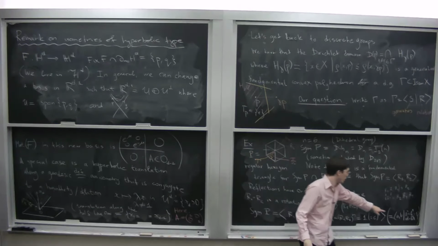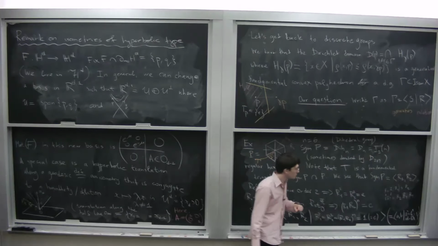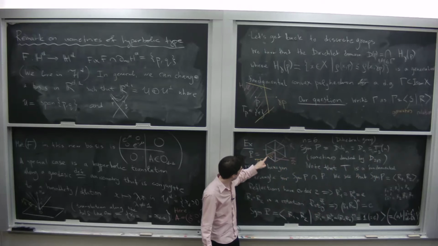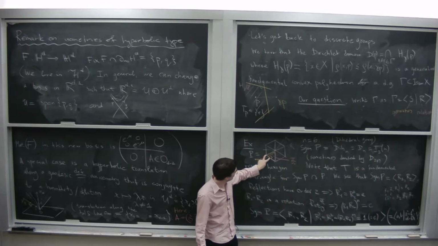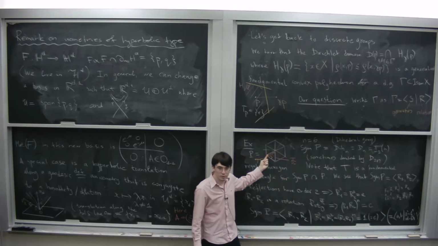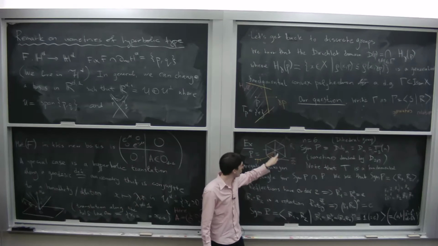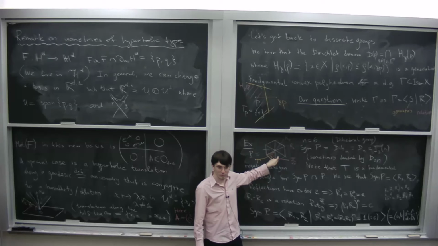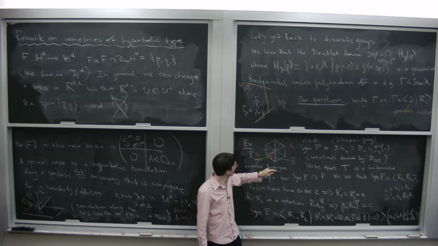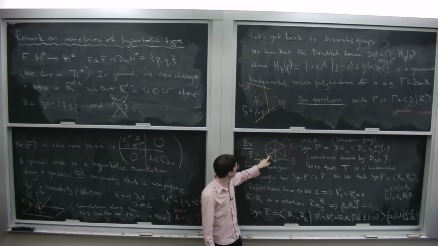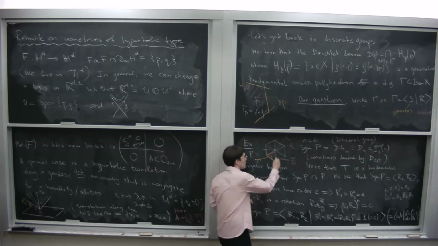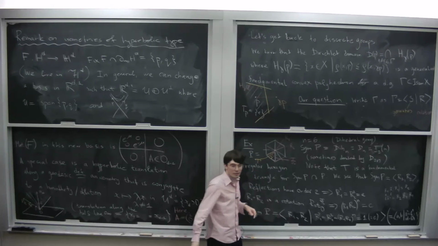With this choice of A and B, the rotation actually moves this triangle not to an adjacent one, but to the one which is next. So the rotation moves this triangle T, the orange guy, somewhere here, I guess.